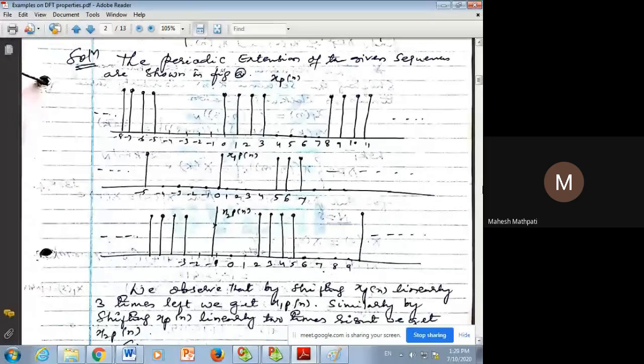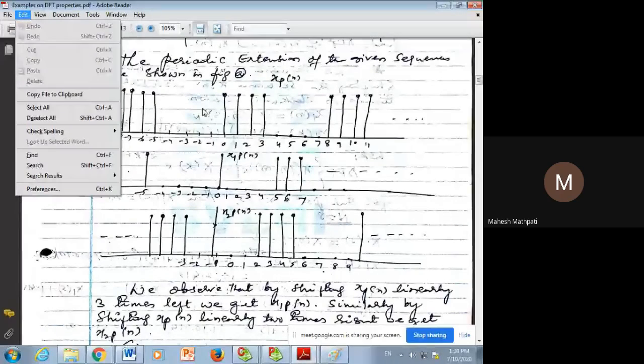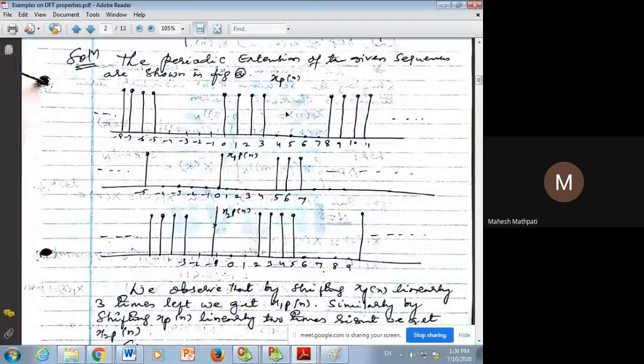So the first part, what it is indicating is, we have this part. If you consider from this point to this point, it is our given sequence.